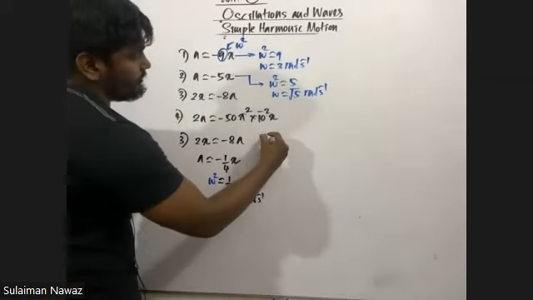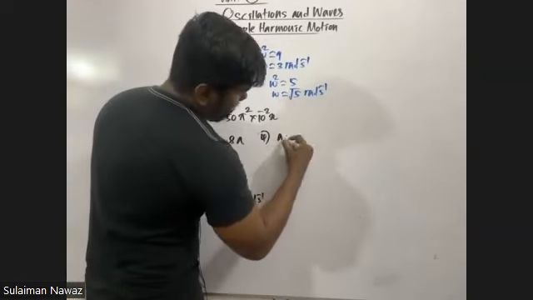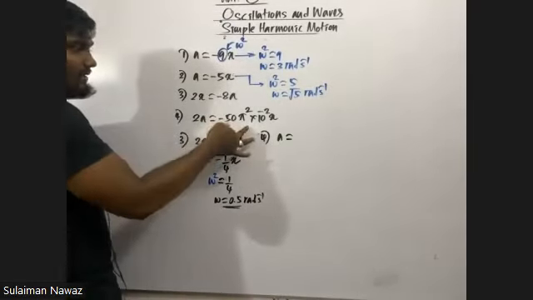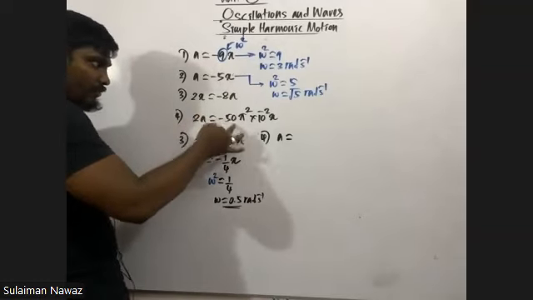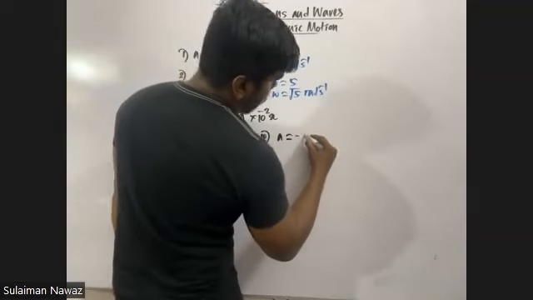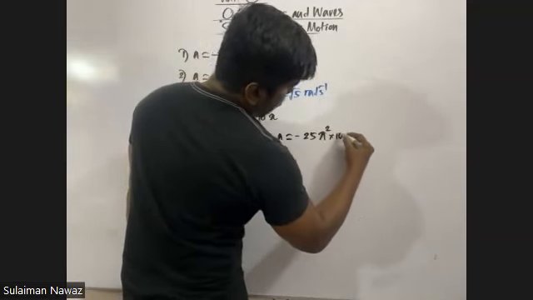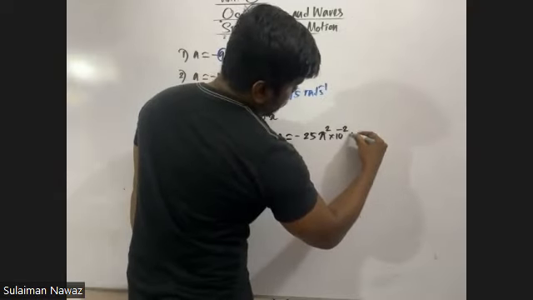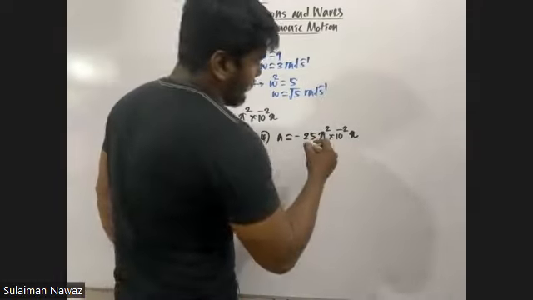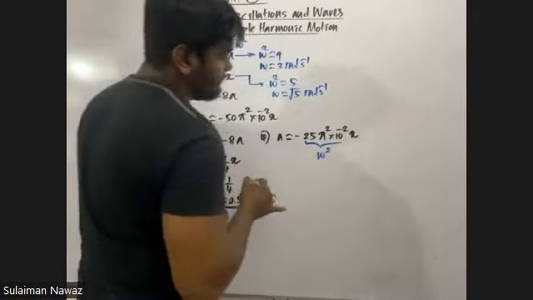What about the last one? Fourth one, subject a. If I divide both sides by 2, the 2 cancels out. 50 over 2 means 25. 25 pi squared minus 2 simple x. This entire term is omega squared.